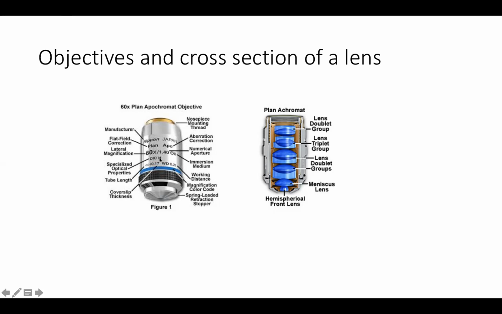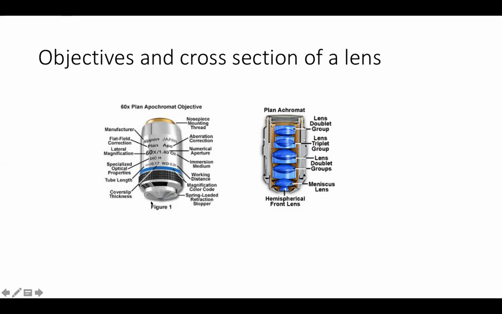And I'll talk about numerical aperture in the next two slides. It's an oil immersion lens, and another number which is important is 0.17, which is the thickness of the cover slip that the objective is optimized for, and the working distance, which is 0.21 millimeter or 210 micrometers total, and that's how deep your oil immersion lens, which is 60x, can image through your sample, right?